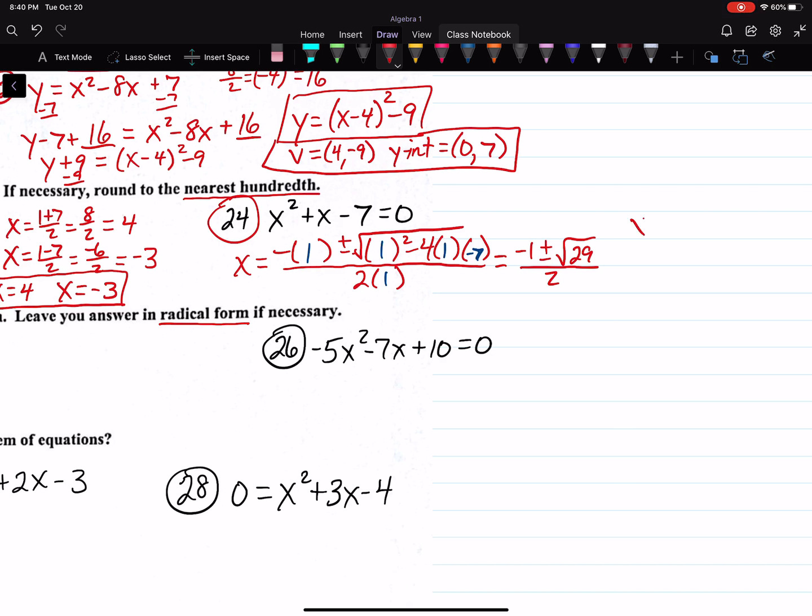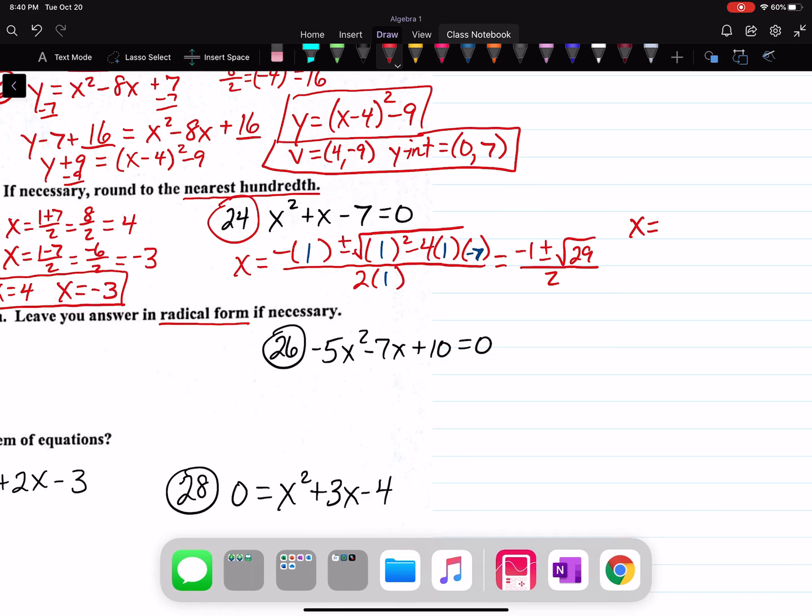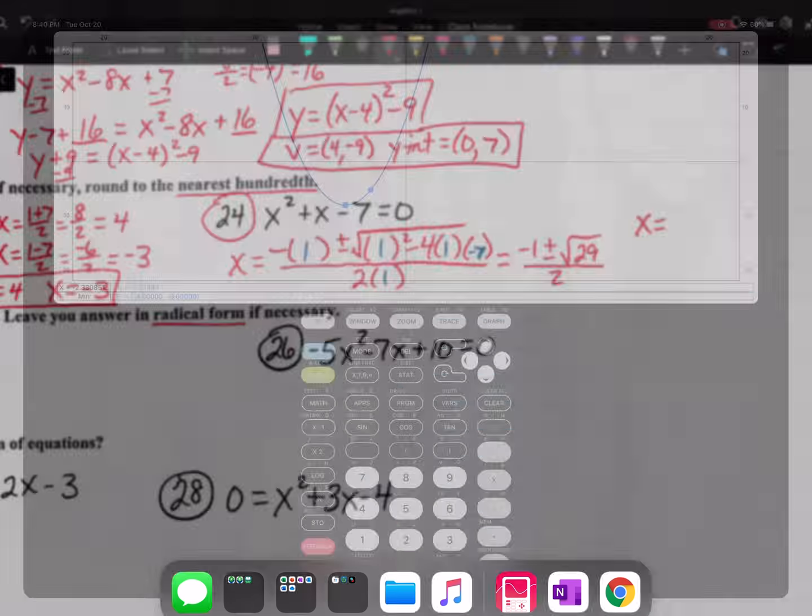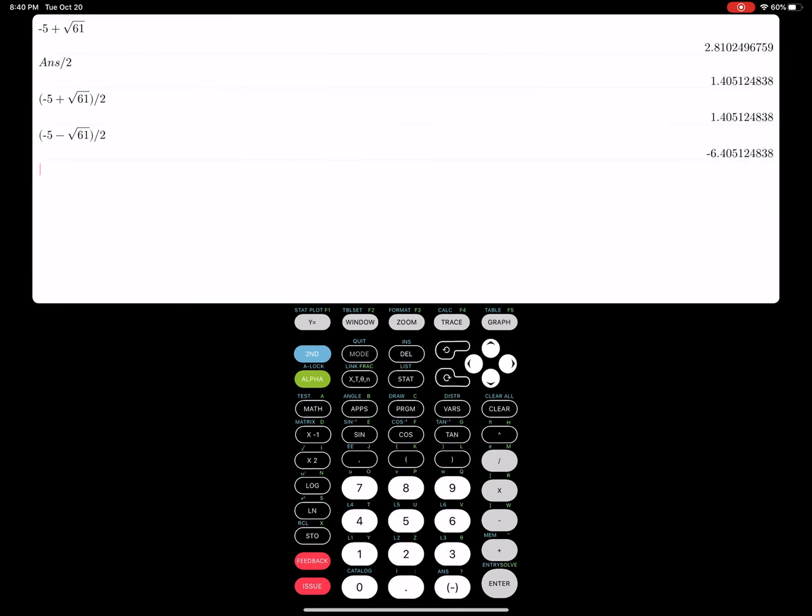And if the discriminant is positive, I'm going to get 2 real answers. So my answers, I'm plugging in to my calculator. I'm going to do negative 1. Again, be careful that you plug it in correctly. You need to put parentheses. Negative 1 plus the square root of 29 in parentheses, divided by 2.